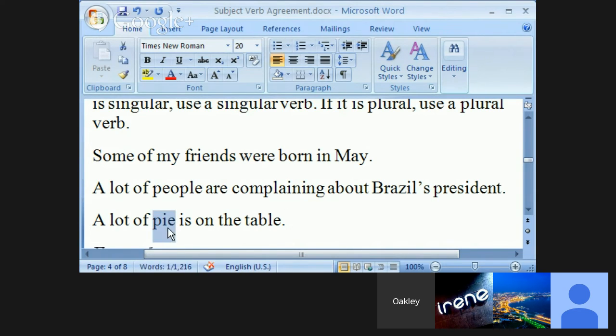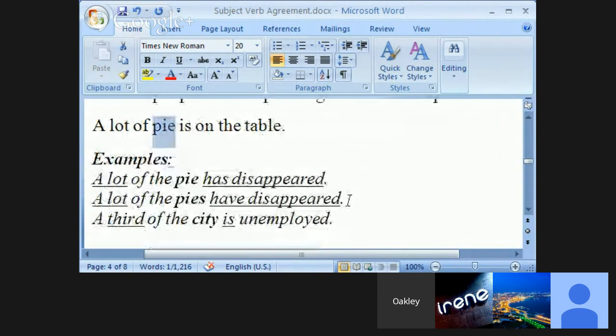Notice pie is singular. It's a little tricky when we have pie. I've thrown you a little curve because pie can be countable or uncountable. A lot of pie has maybe disappeared.